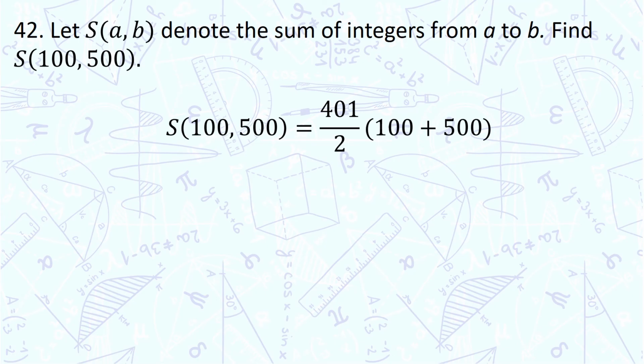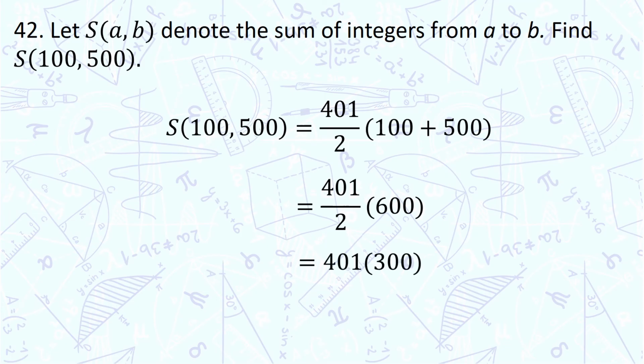So we have 401, the number of terms, over 2 times 100, the first term, plus 500, the last term. So that is 401 over 2 times 600. Then we have 401 times 300. Final answer is 120,300.